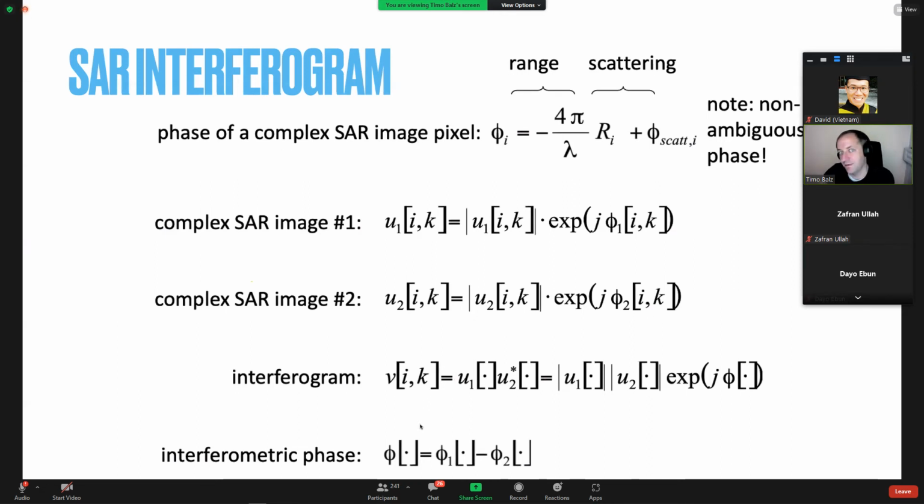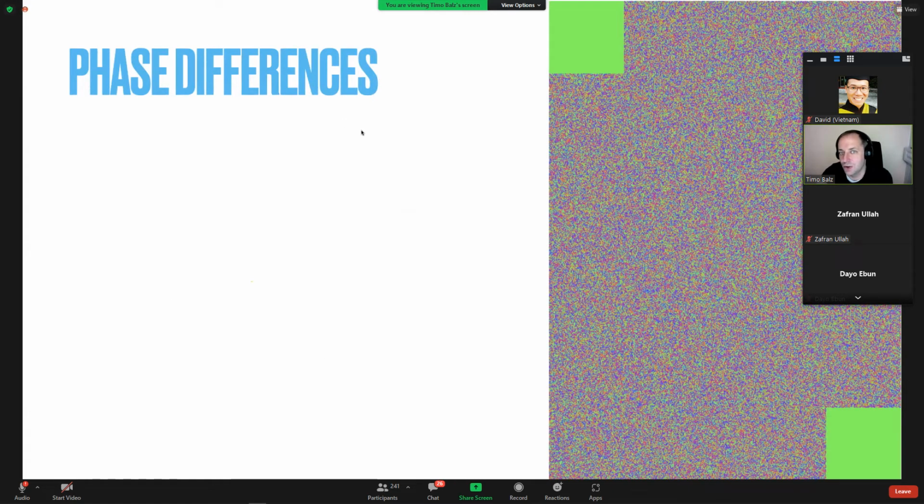Okay, so we subtract the second phase from the first phase. And then we're looking at the phase difference between them, and then we come to such an interferogram like here.